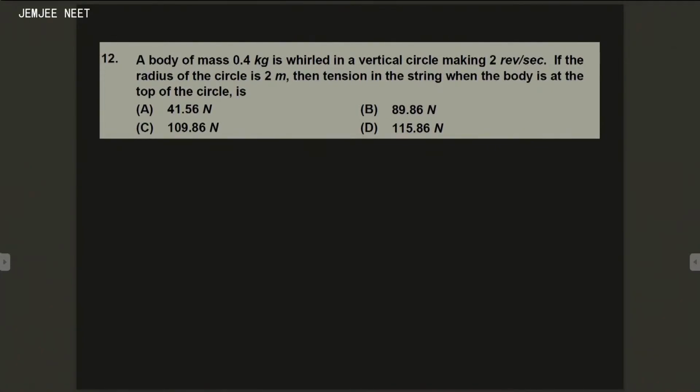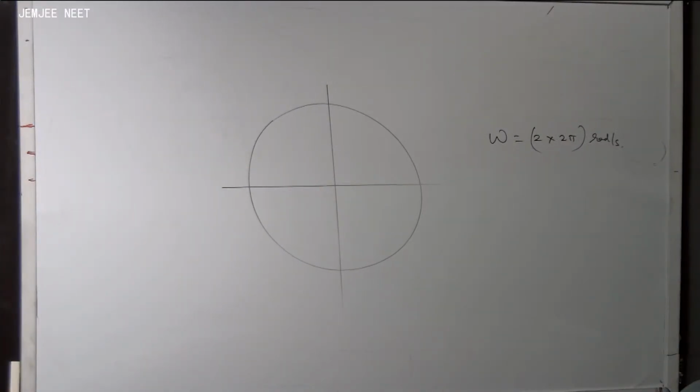The question says that omega is 2 revolutions per second, that is 2 into 2 pi radian per second. Sir, I can't see what you are saying. Yes, I'm showing you now.